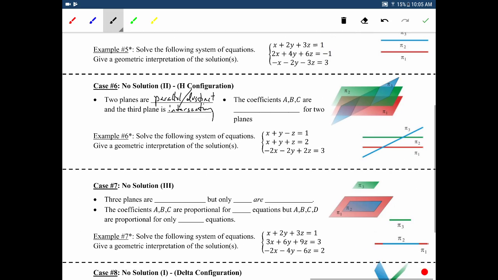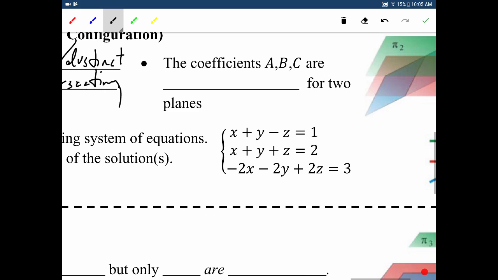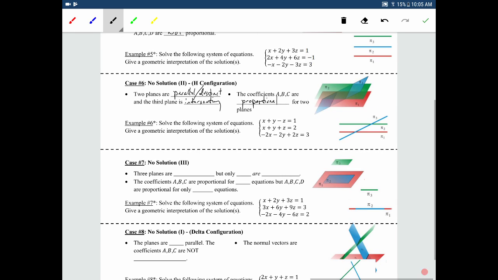Okay. The coefficients A, B, and C are proportional in this case. Proportional, but only for the 2 planes that are parallel. Okay? Not for that third one.